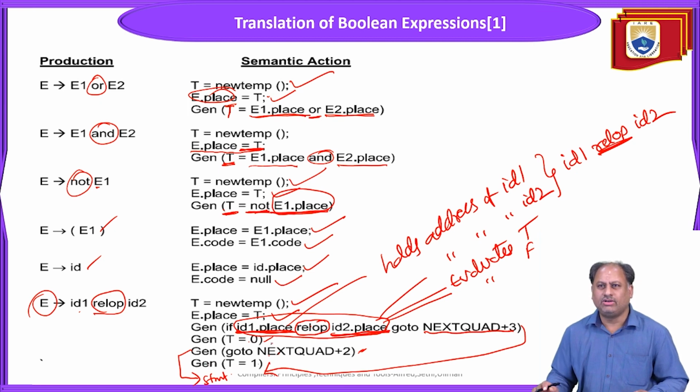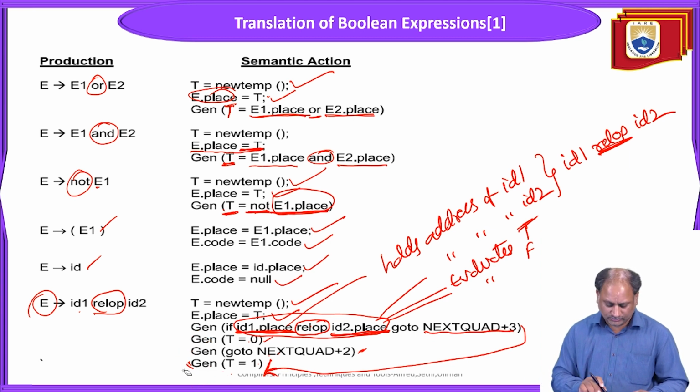That means t equal to 1 will be evaluated only for the true condition, quad plus 3. So at this time this will be skipped whenever the next quad plus 2 is to be executed. That means t equal to 0, the false condition, is executed, and this won't be executed, and the continuation of the statements will be executed.